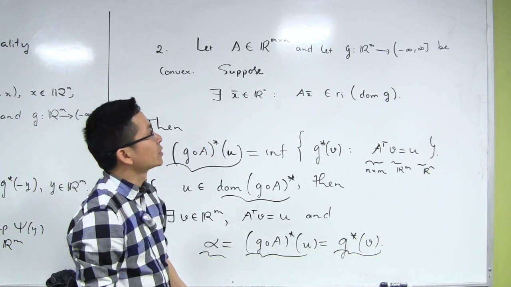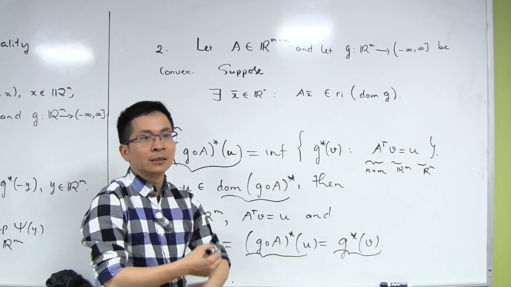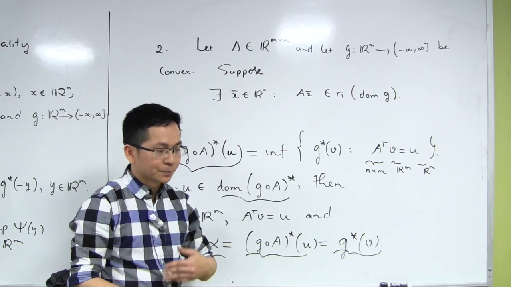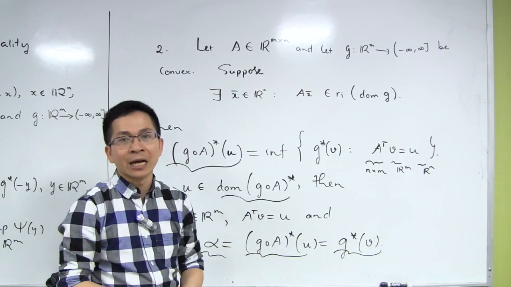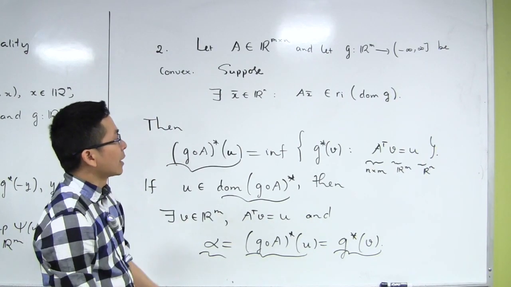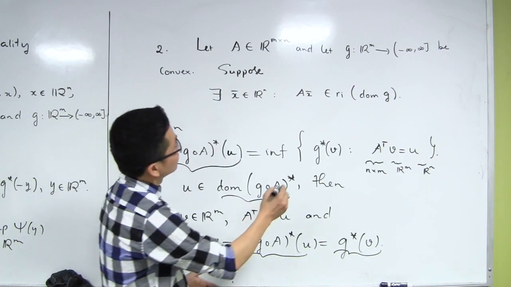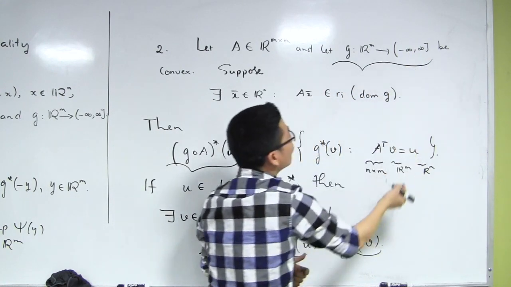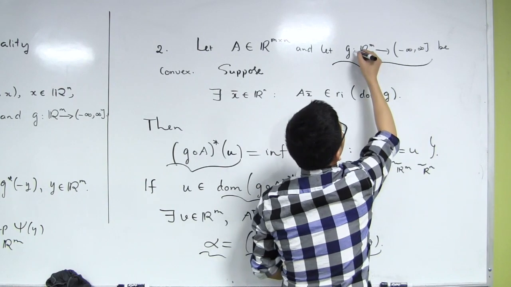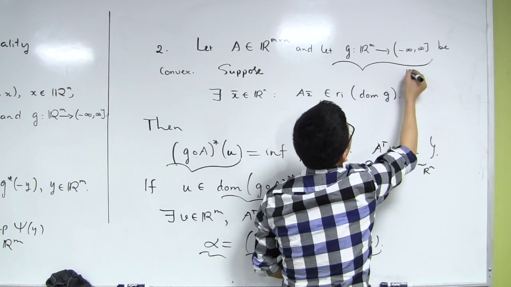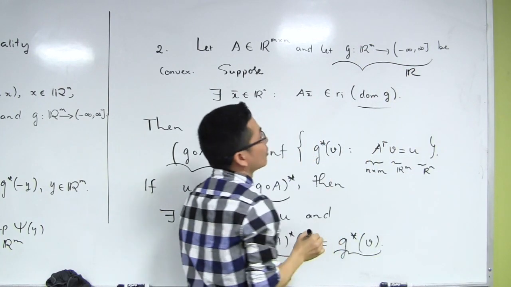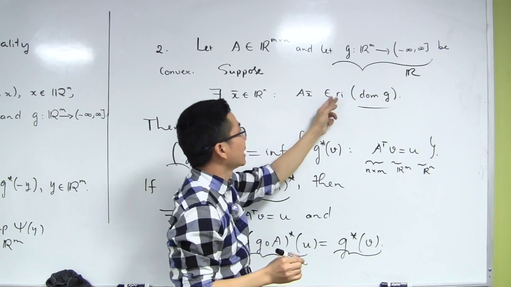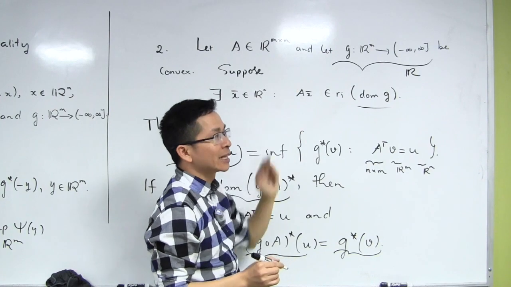These are very important results that we're going to use in order to prove the strong Fenchel duality theorem. And I also want to mention that in the case where g is a real valued function, that means g is a function from Rm to R, then this condition is always satisfied because the domain of g then is Rm, and so this condition is always satisfied.